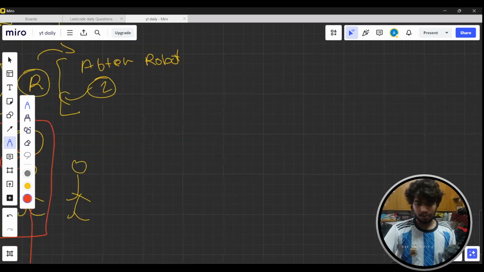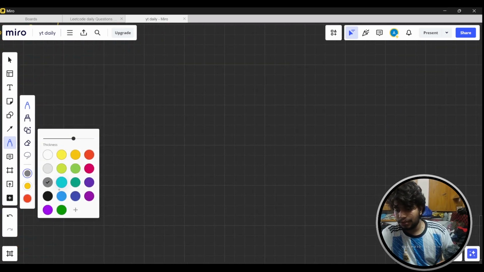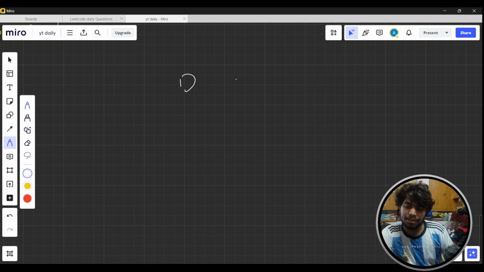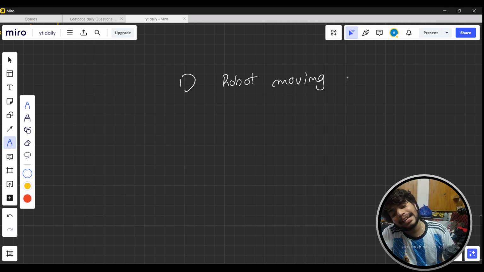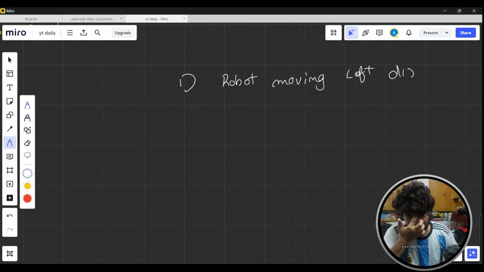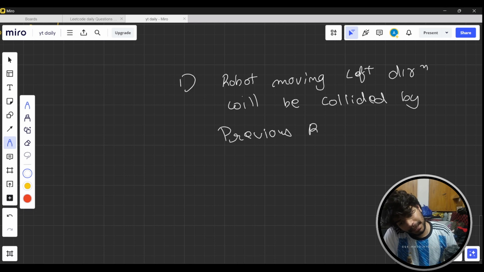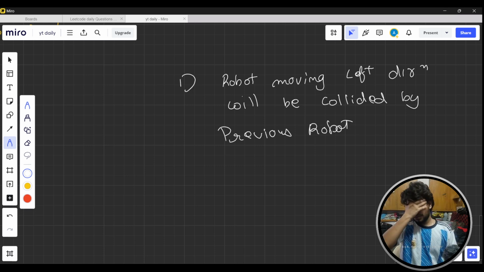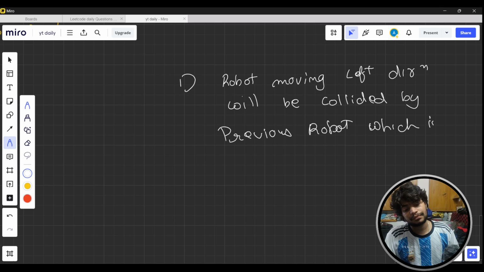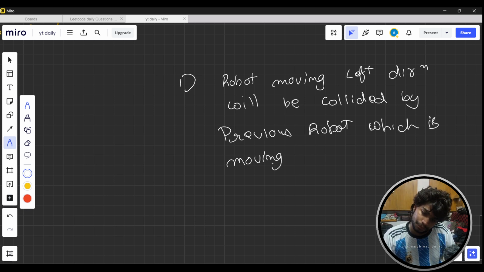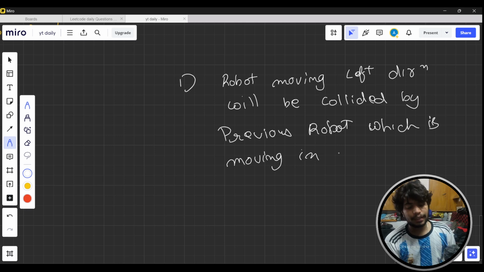Okay, so I know two things. Robot moving in left direction will be collided by the previous robot which is present, by the previous robot which is moving in right direction.